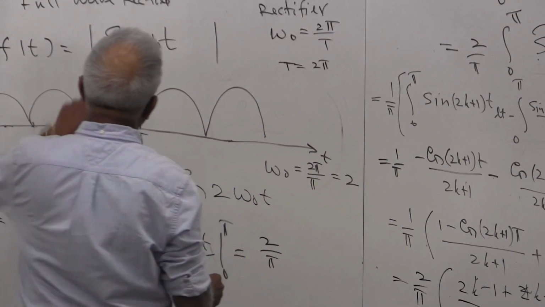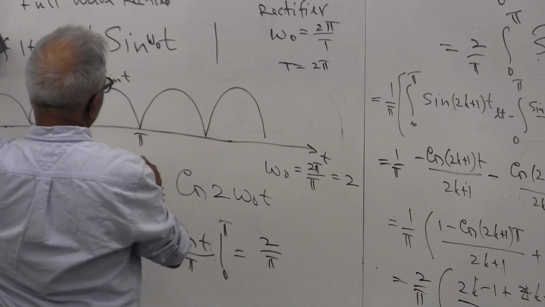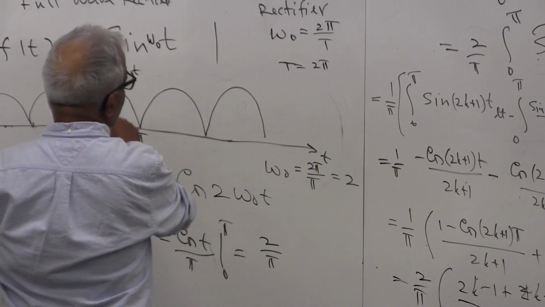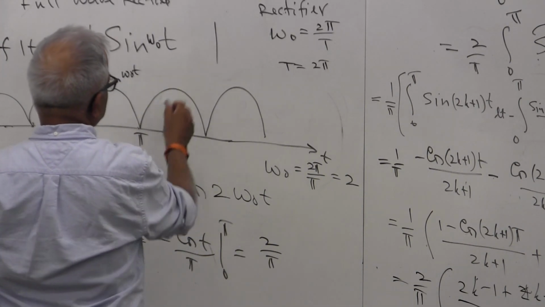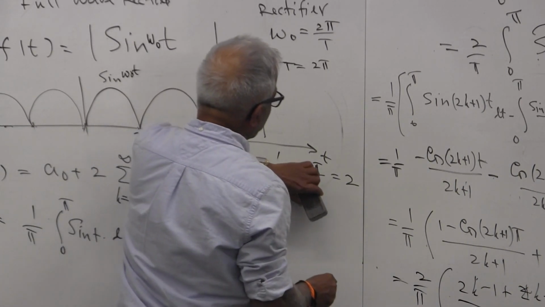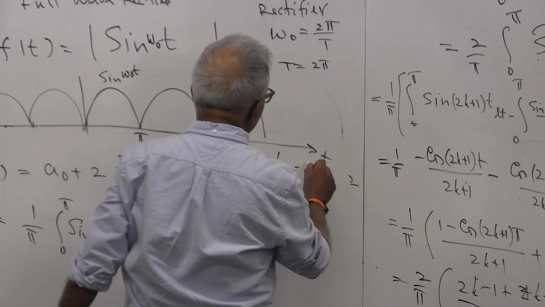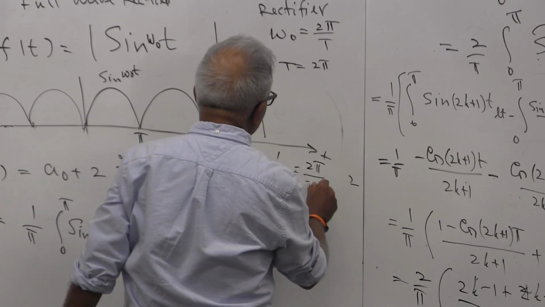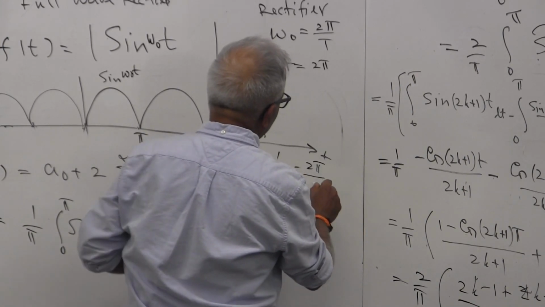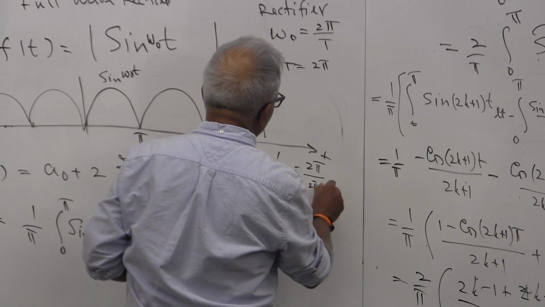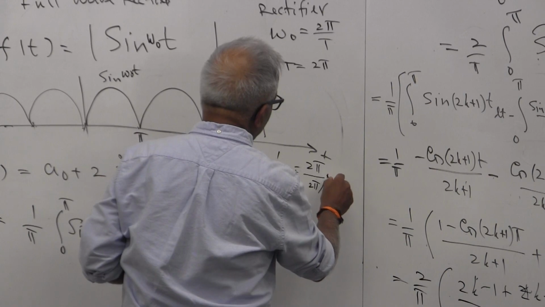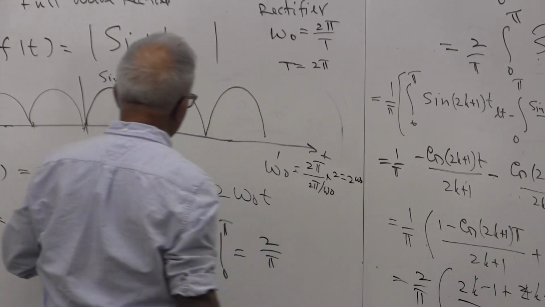Because the original expression is sine omega naught t, which goes to 0 at pi, and then the absolute value starts again. So this new omega naught will be 2 omega naught. Omega naught prime would be 2 pi over T by 2, but T is 2 pi over omega naught, divided by 2, so the whole thing comes out to be 2 omega naught. So this is right.